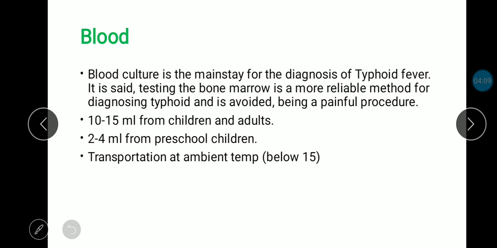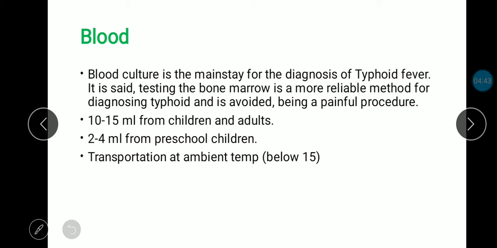The bone marrow is not suitable for every patient, but a blood test is easy and it is used in practice. 10 to 15 ml of blood from school-going children and adults is taken for analysis, and 2 to 4 ml from preschool children, that is 1 to 5 years old.